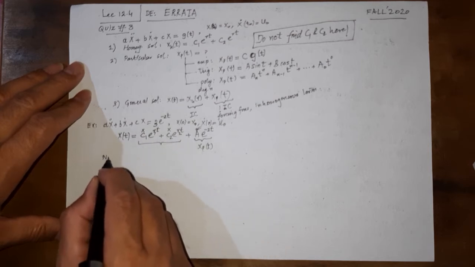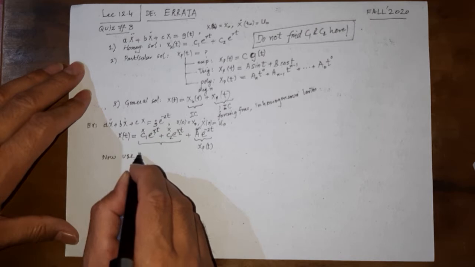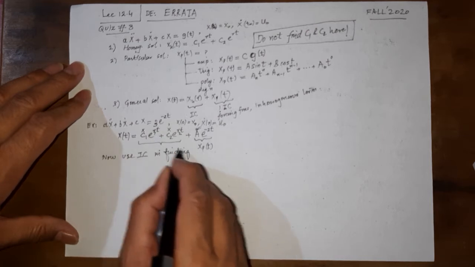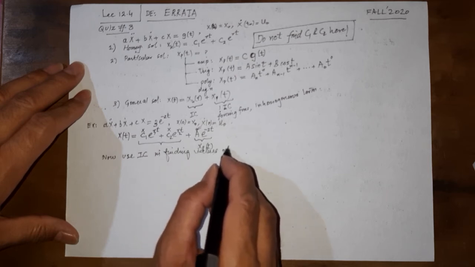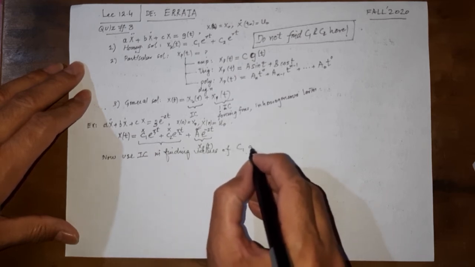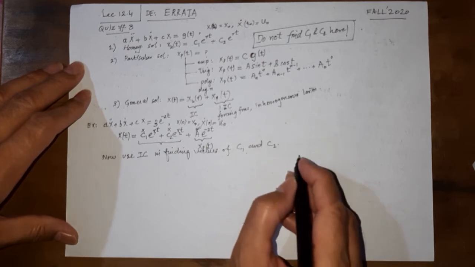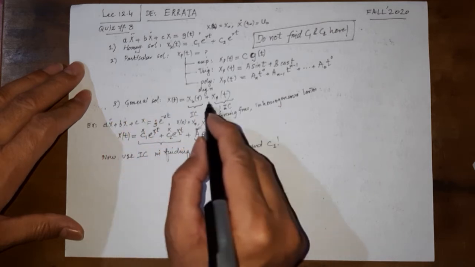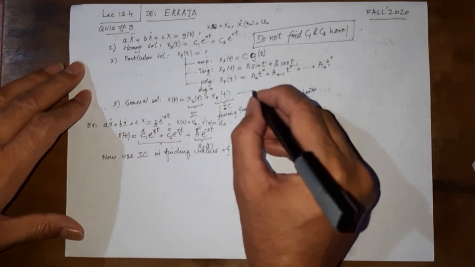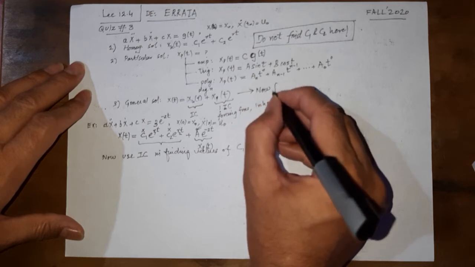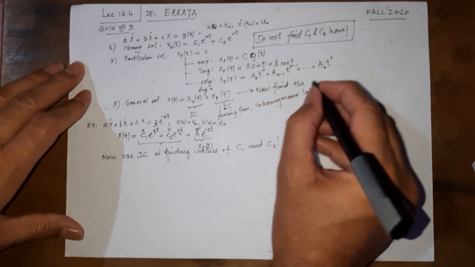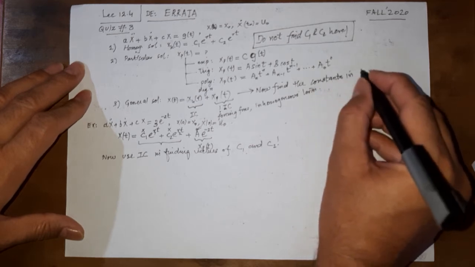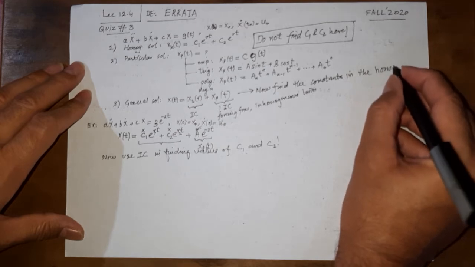So now use initial conditions in finding values of C1 and C2. So that's the bit. So the important bit is, in the third step, when you write the general solution, you now find the constants in the homogeneous solution.